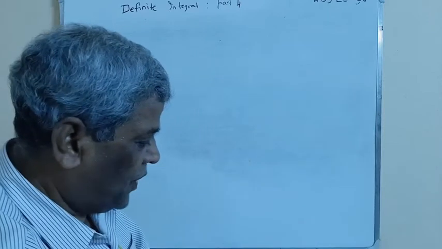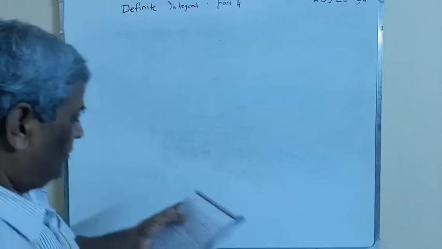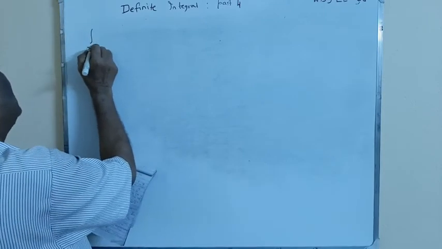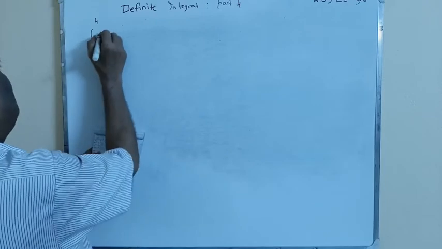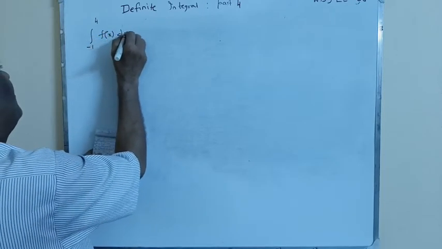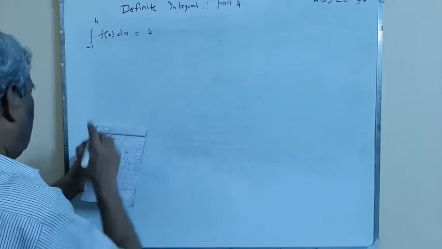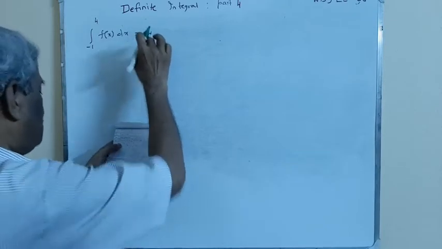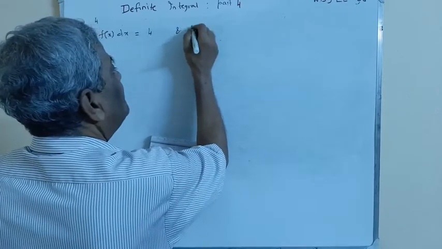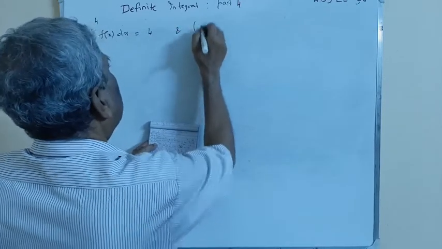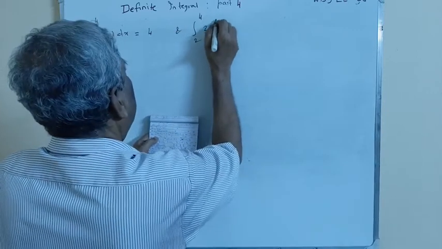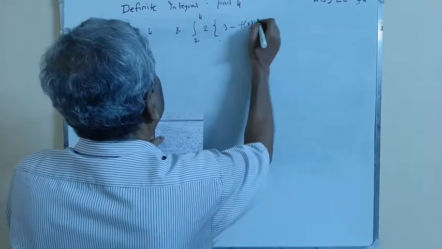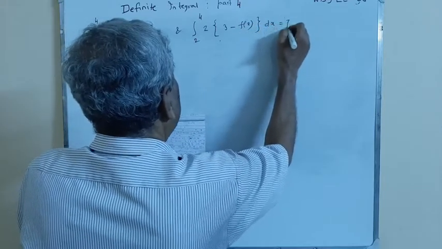Now let us see what is the next problem here. Given that the integral from -1 to 4 of f(x) dx is equal to 4, and the integral from 2 to 4 of (2 minus... 3 minus f(x)) dx is equal to 7.